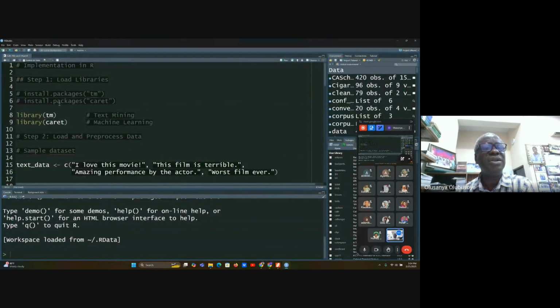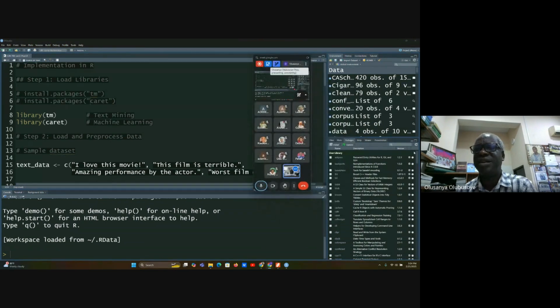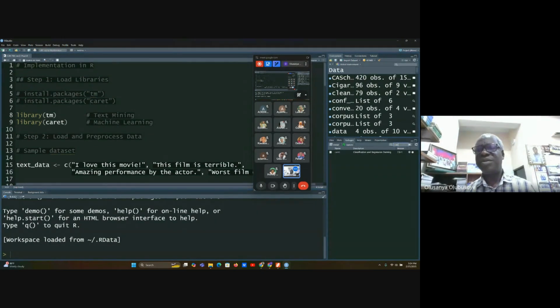So you need to install a package. We've been using this package before. This is a text mining package. Then you also need to install this package called Caret. I've installed it. Caret means classification and regression training. It's a very powerful package.